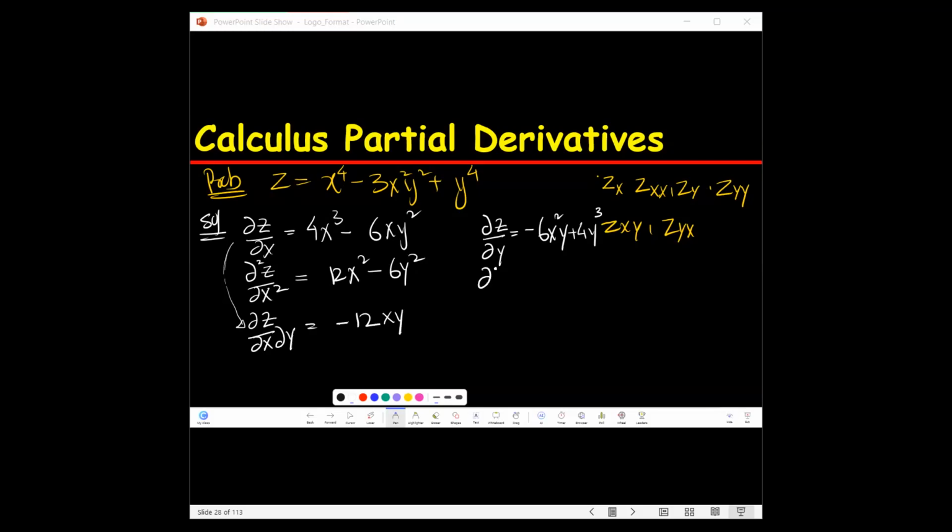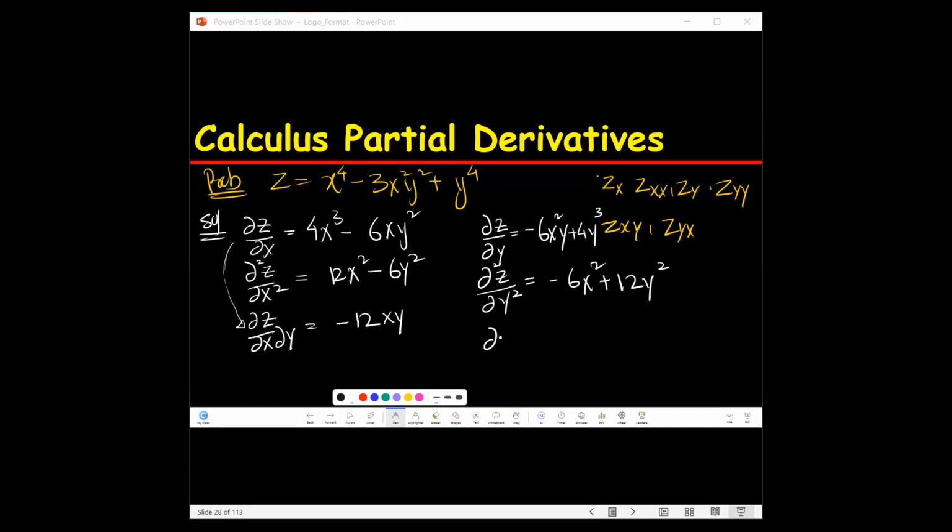If I take the second order derivative for this, it's going to be equal to minus 12, no, not minus 12, it's going to be 6. It's going to be minus 6x squared plus 12y squared.